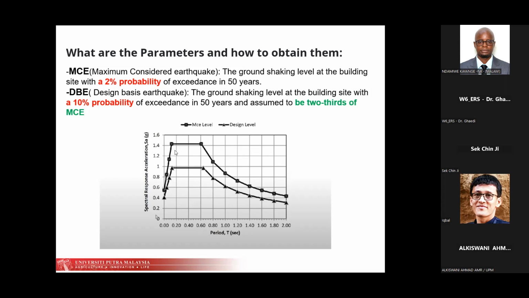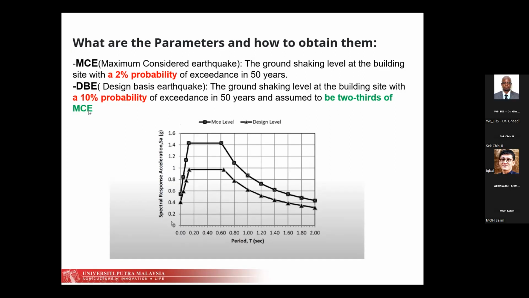The chance of this earthquake happening is only 2% in 50 years, but we usually don't design for this. We design for the design-based earthquake, the ground shaking level at the building site with 10% probability of exceedance in 50 years. We design for this value, and it is assumed to be 2/3 of the MCE.